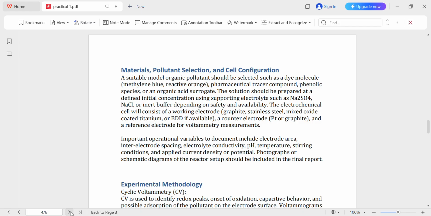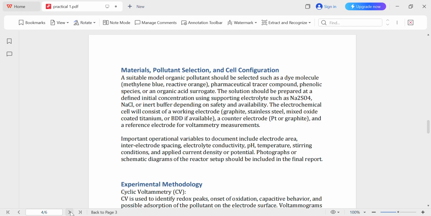Means to set up the lab, the electrochemical cell has three main electrodes: a working electrode where the pollutant reacts, a counter electrode that completes the electrical circuit, and a reference electrode that measures the voltage accurately for experiments like voltammetry.